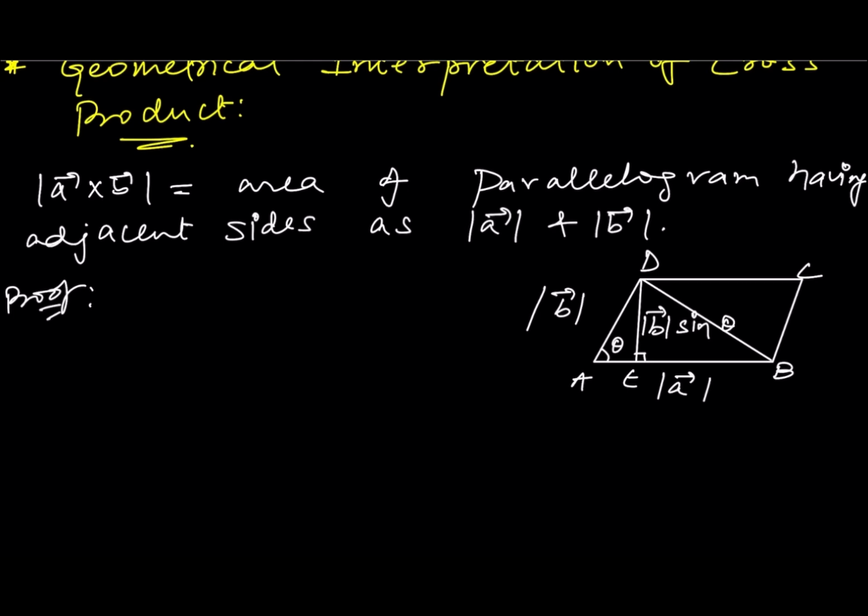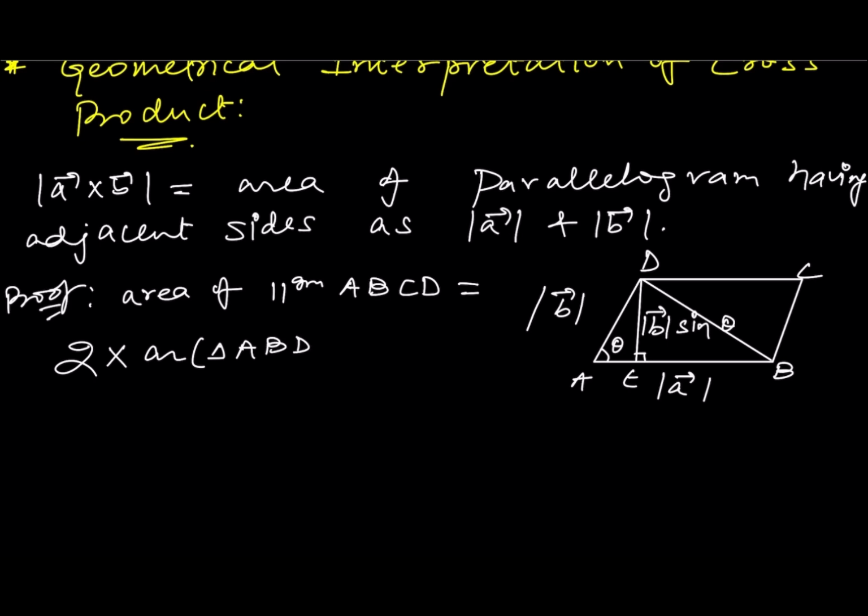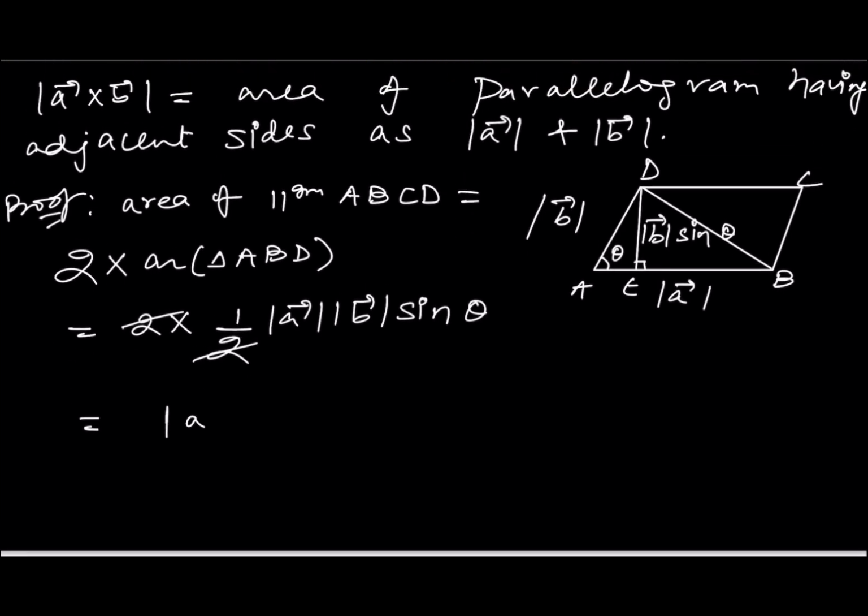So the area of parallelogram ABCD is 2 into the area of triangle ABD, right? Which can be written as 2 into half, base is mod A and height is mod B sine theta. Okay, so it will become mod A mod B sine theta, which is mod of A cross B.